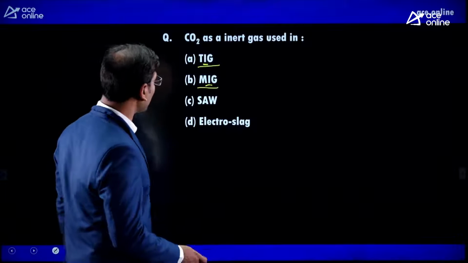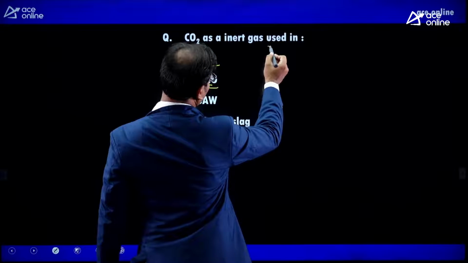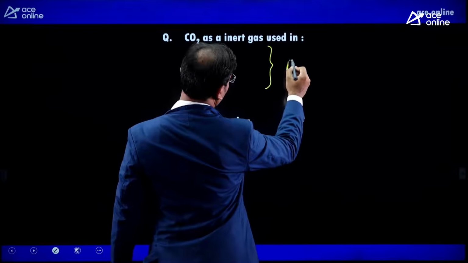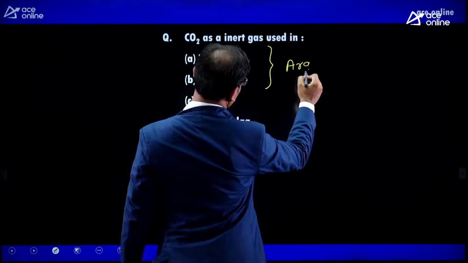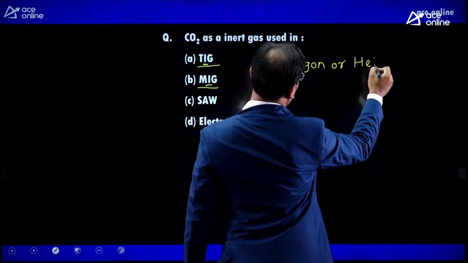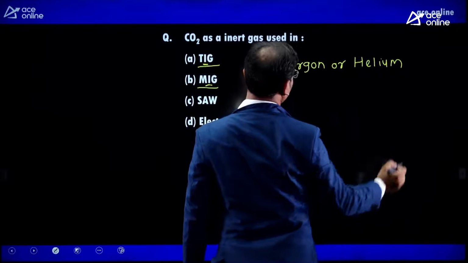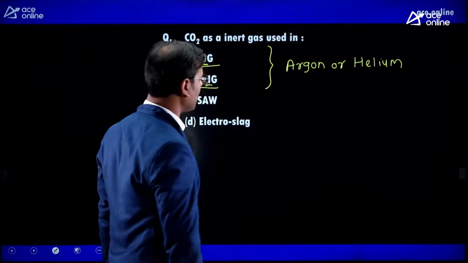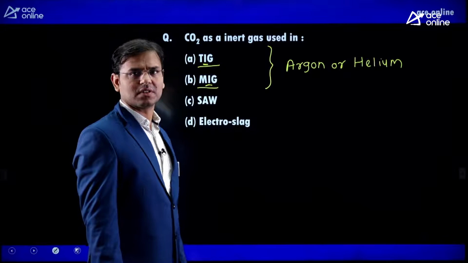Which inert gases are commonly used here? In both methods we can use argon or helium as inert gas, or sometimes a mixture is also used.